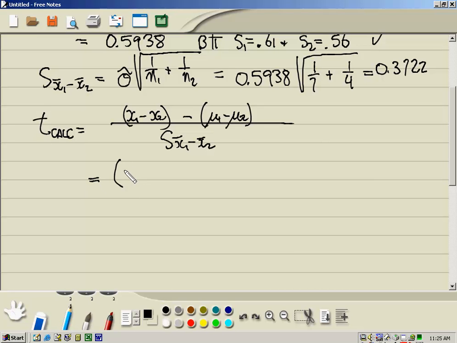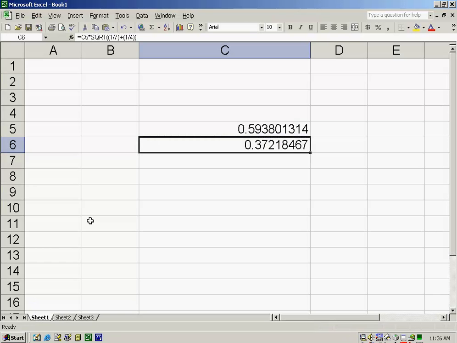Okay, the sample difference, x bar 1, 3.42, third year grades, minus x bar 2 of 4.05, hypothesized difference of 0 always, divided by the standard deviation, S of x bar 1 minus x bar 2, the 0.3722.